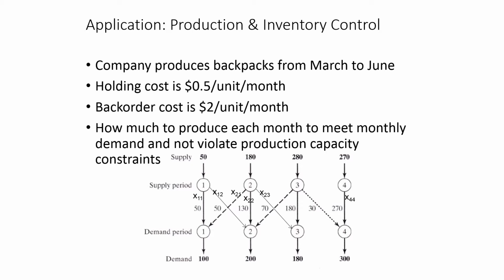When there is an arrow from 1 to 1, that means how much to produce in month 1 to satisfy the demand of month 1. And when there's an arrow from month 1 to demand period 2, that means how much to produce in month 1 to satisfy the demand in 2, and so on. So an arrow from supply i to demand j would be how much to produce in month i to satisfy the demand in month j.